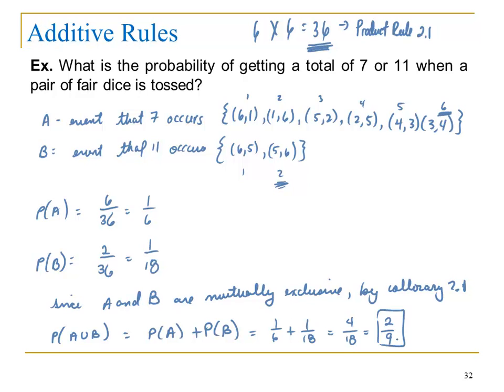But what happened? The question is not for each event, it's for one or the other. So now we need to look at the union. So the union tells us that if they are mutually exclusive, you can add the probabilities. So we add the probabilities, and finally we get the result. Okay, so for a simple problem like this, you are using 1, 2, 3, 4 different concepts.